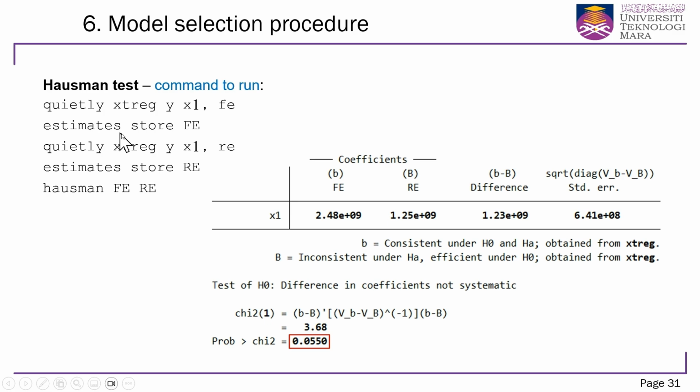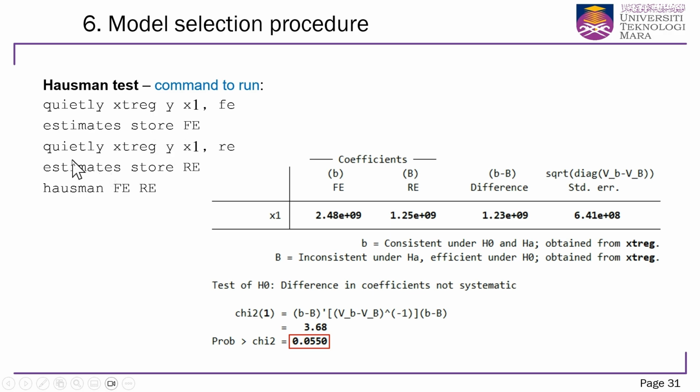These are the commands to run Hausman test. The word quietly here means that you don't want Stata to display the estimation results of this xtreg command, but the result is still available in the Stata memory. Estimates store is to ask Stata to save the results in the memory by the name FE here.